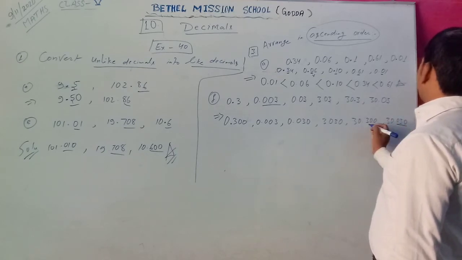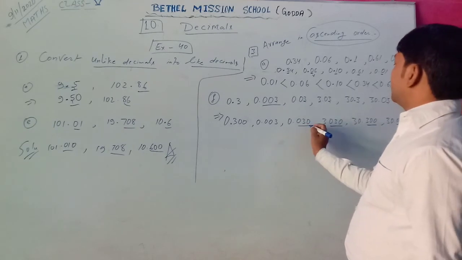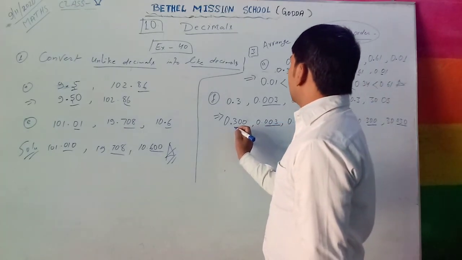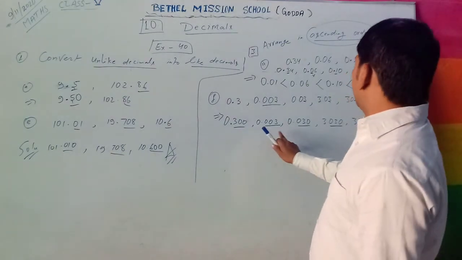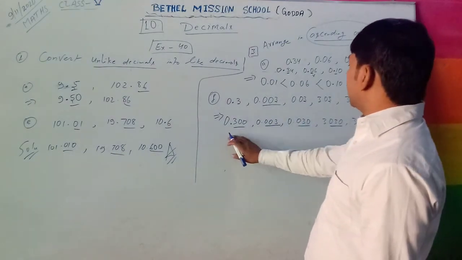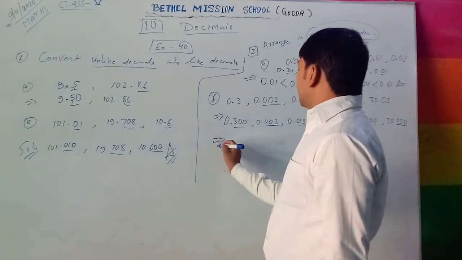Okay, 3 decimal places we found. Now which one is the smallest? Which one is the smallest? 0, 0, 0. These three are the smallest numbers.